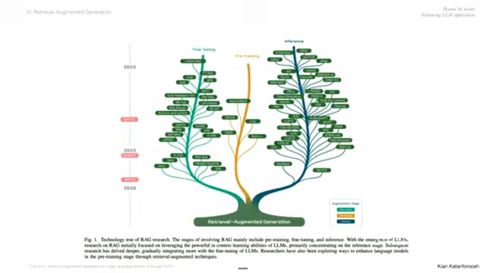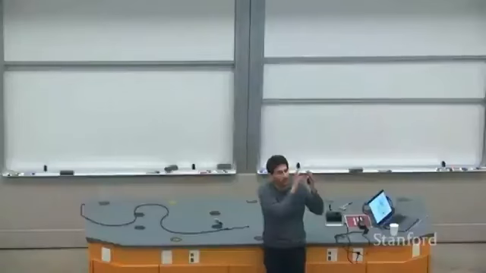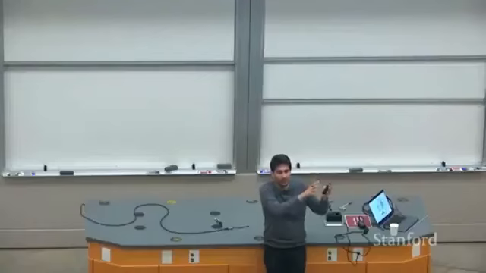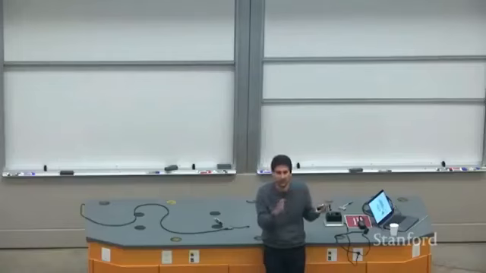Another technique that's popular is HyDE, hypothetical document embeddings, where a group of researchers published a paper showing that when you get your user query, one of the main problems is that the user query does not look like your documents. For example, the user query might be, what are the side effects of drug X?